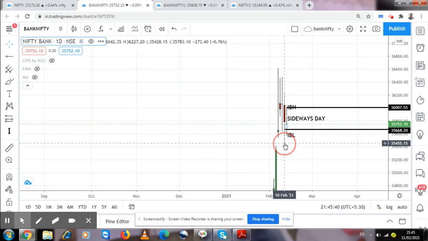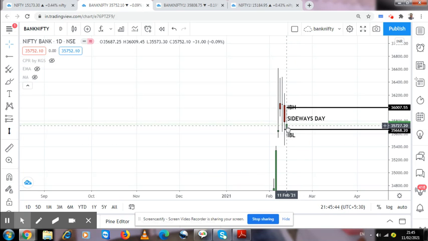You see this candle on 10th of Feb. Now today's candle is this one. It has not even been able to close inside the previous day's body of the red bearish candle. So it is also not showing a sign of more bearishness in the market.